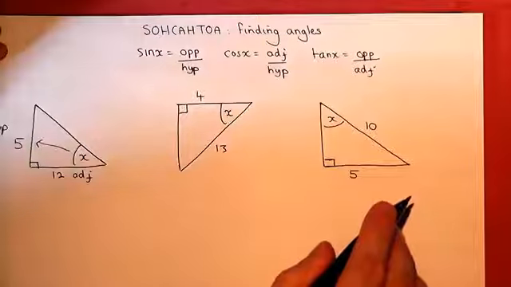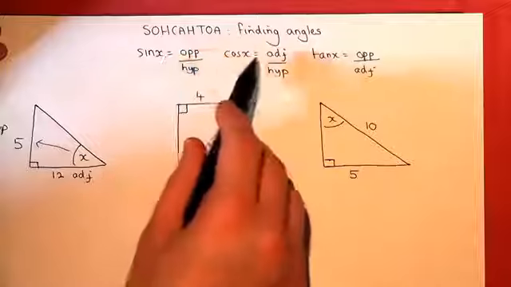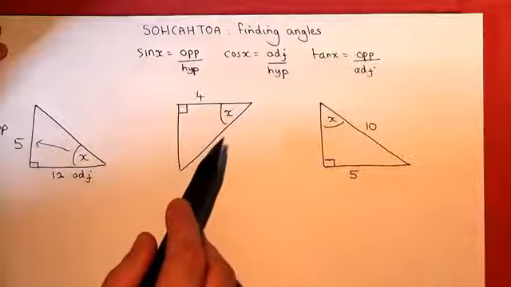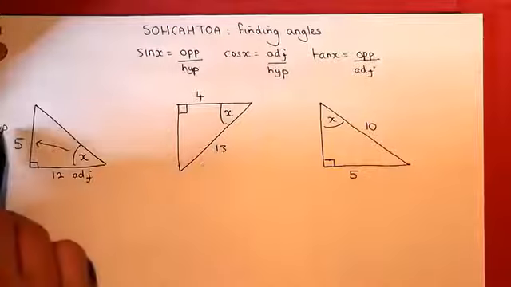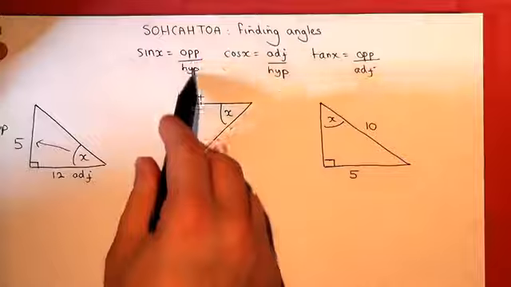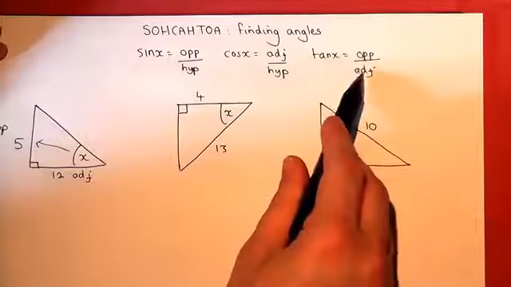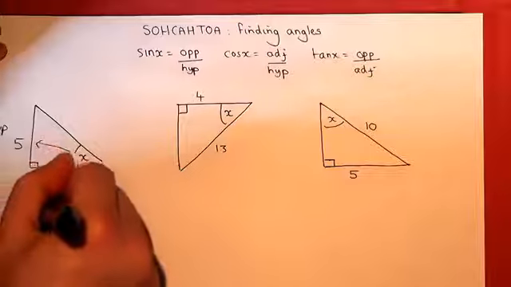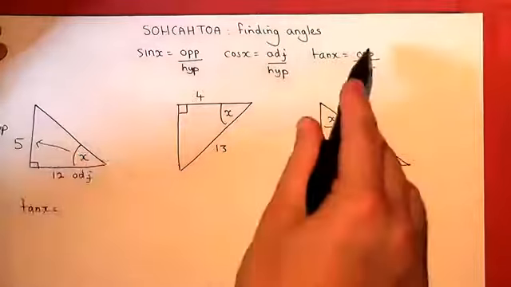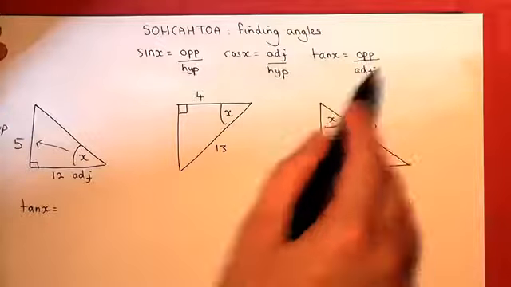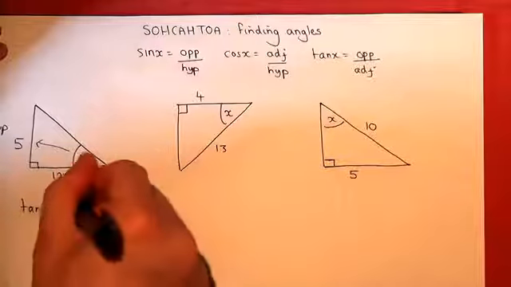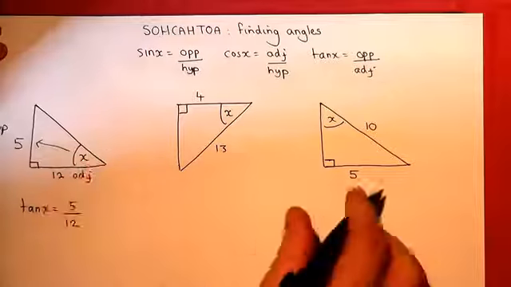Right then, we then identify which of the SOHCAHTOA equations to use. Now we know the opposite and the adjacent, so we use the tan equation. So tan of x is equal to opposite over adjacent, or 5/12.